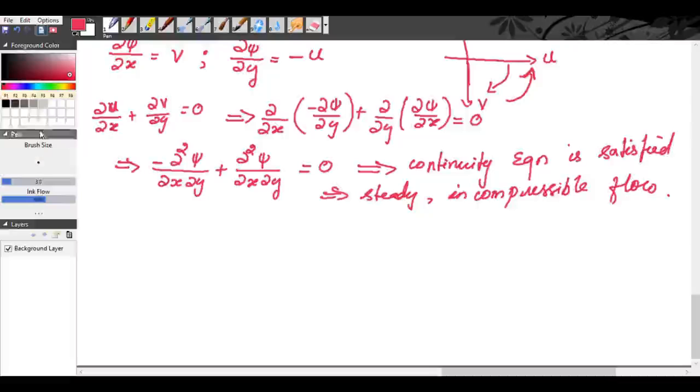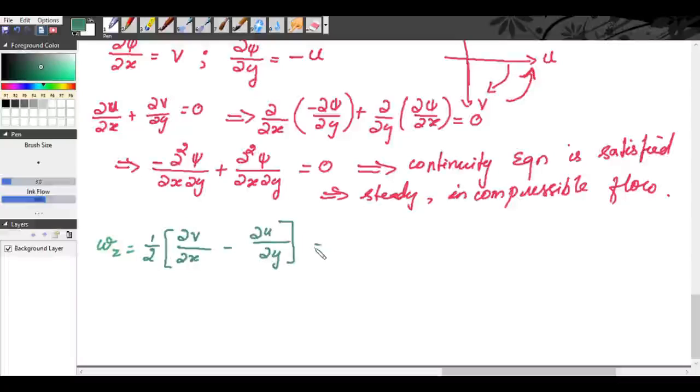So our rotational component omega z is equal to half of dou v by dou x minus dou u by dou y.